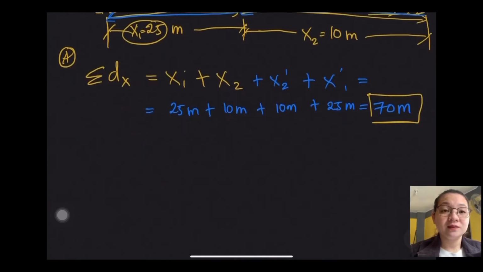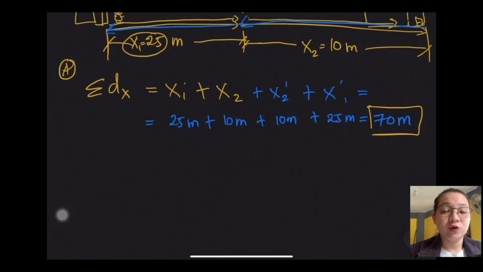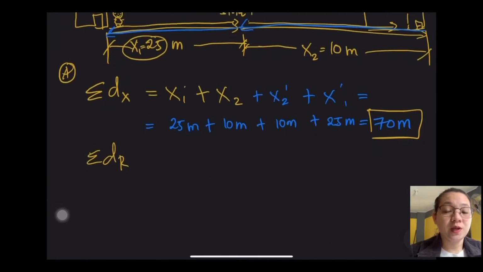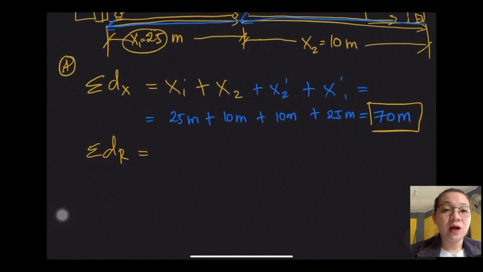But if we're going to change the question to what is the total displacement, we denote total displacement as summation of d sub r. It is also known as a resultant vector.